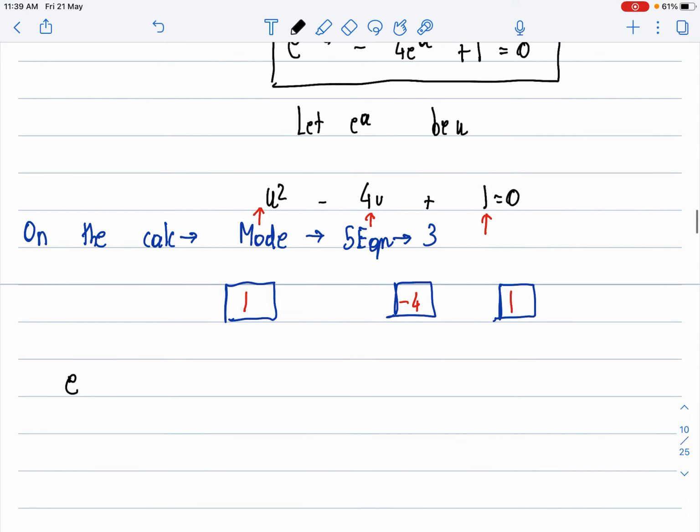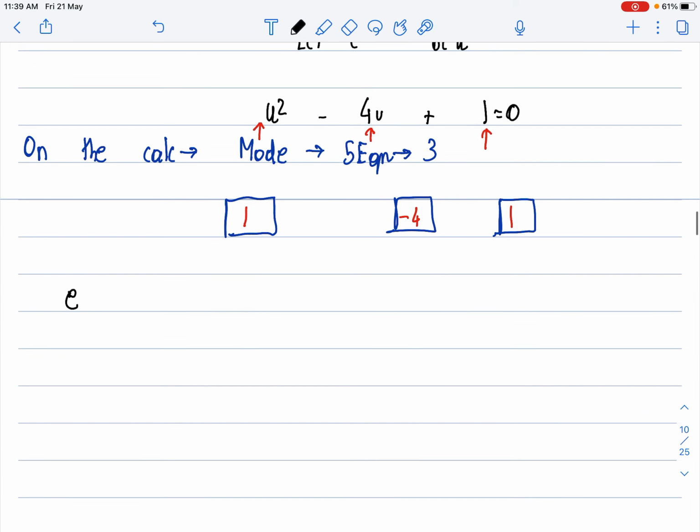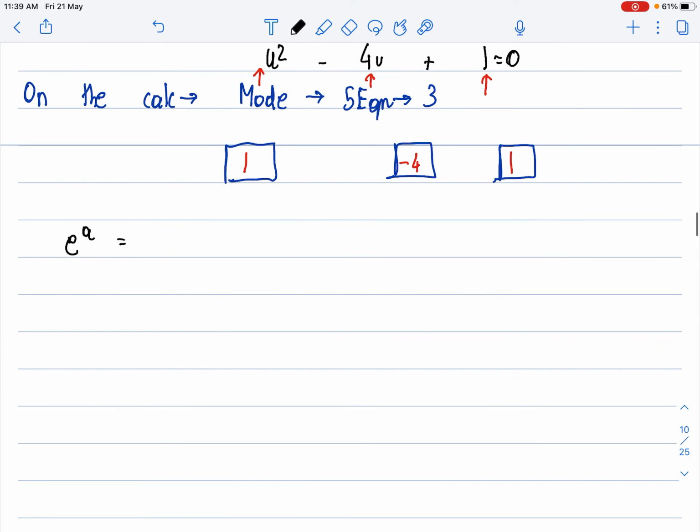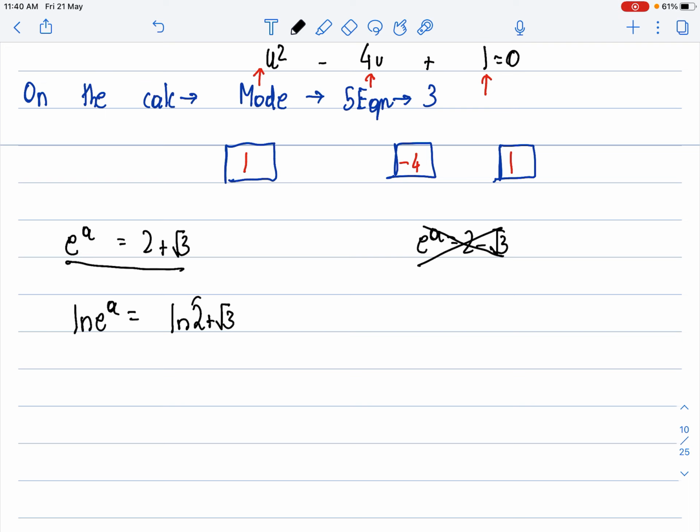Now you'll see I get e raised to a, because I've taken e raised to a to be u, as 2 plus root 3, and e raised to a as 2 minus root 3. Now this won't be possible, so I'll only focus on this. I can write this as ln e raised to a equals ln 2 plus root 3.